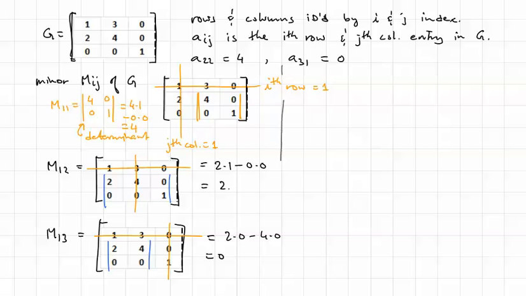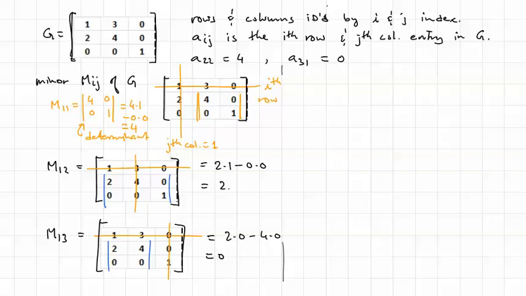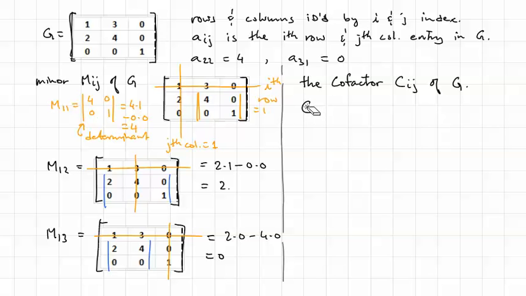Now let's define another term. The term we're going to define now is cofactor. The cofactor, and I'll say Cij of matrix G. Well, I'll just tell you what it is.